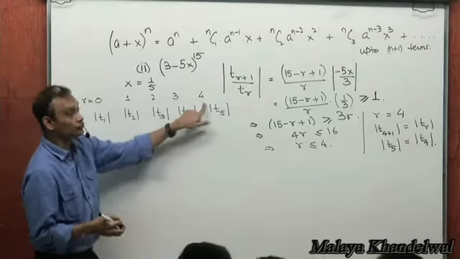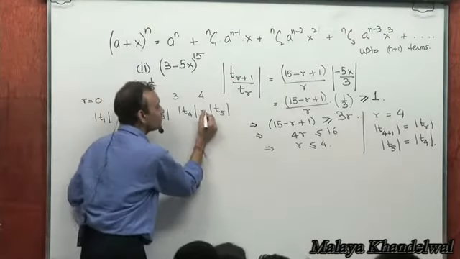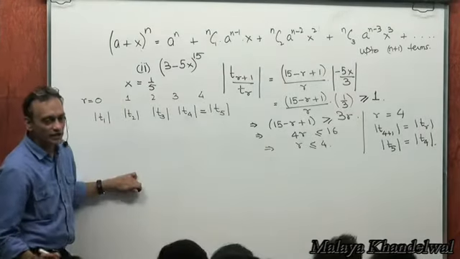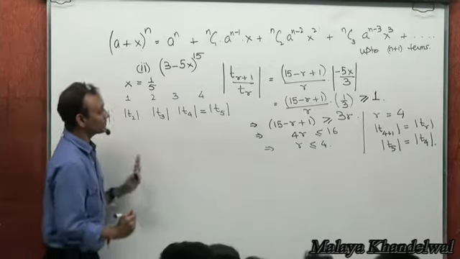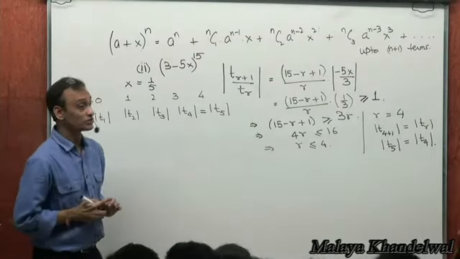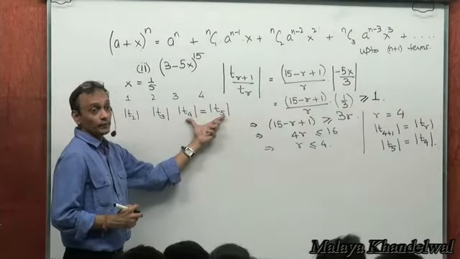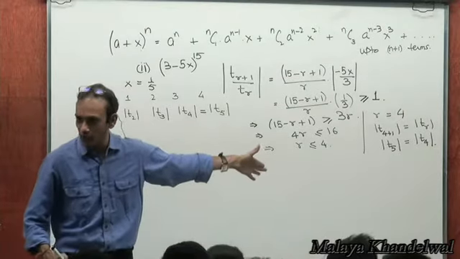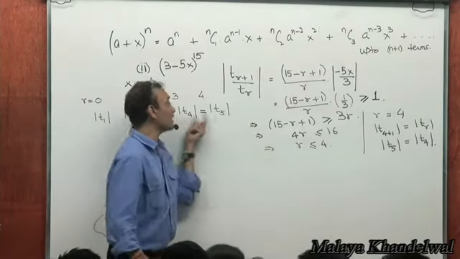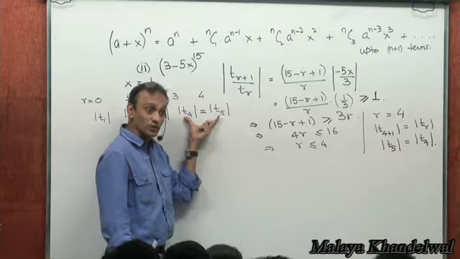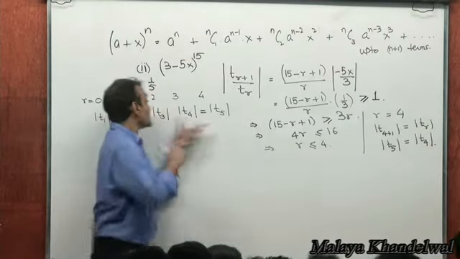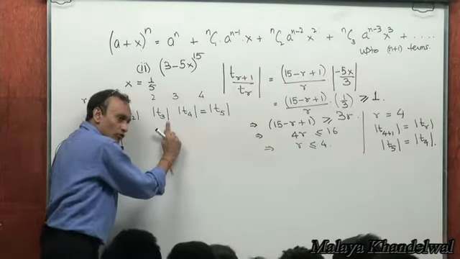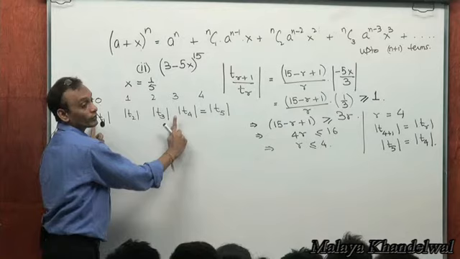So this is up to r equal to 4, and this mod t4 is the same as mod t5. But other than this equality, the next term has always been larger than the previous term up to this point, except where for r equal to 4, mod t(r+1) has become equal to the previous.